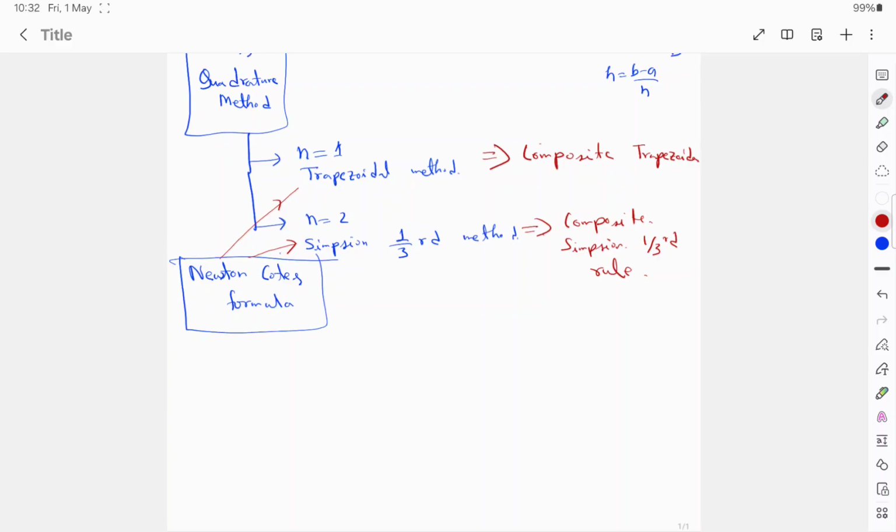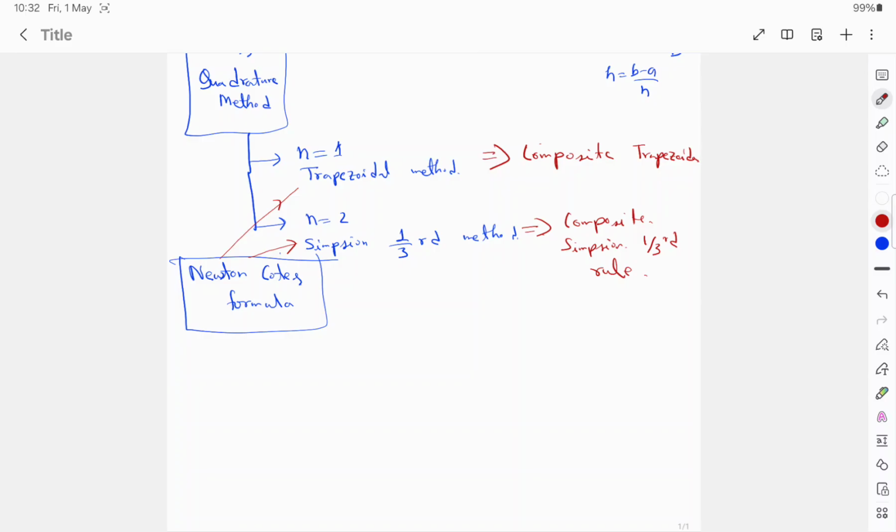Suppose you are able to do the integration for some function, that value we denote by exact value, sometimes with the e notation.